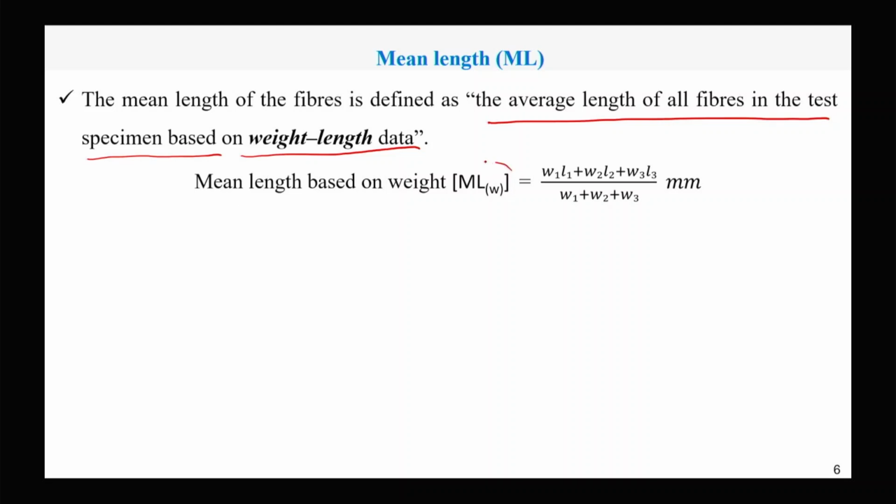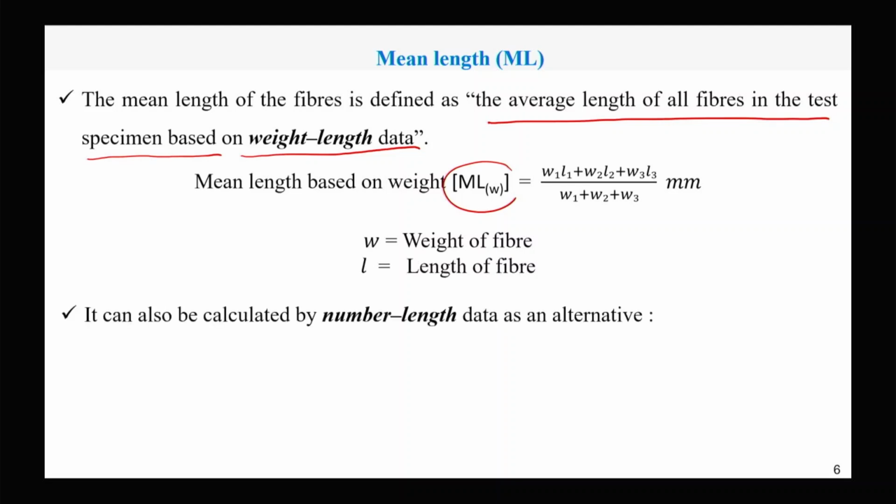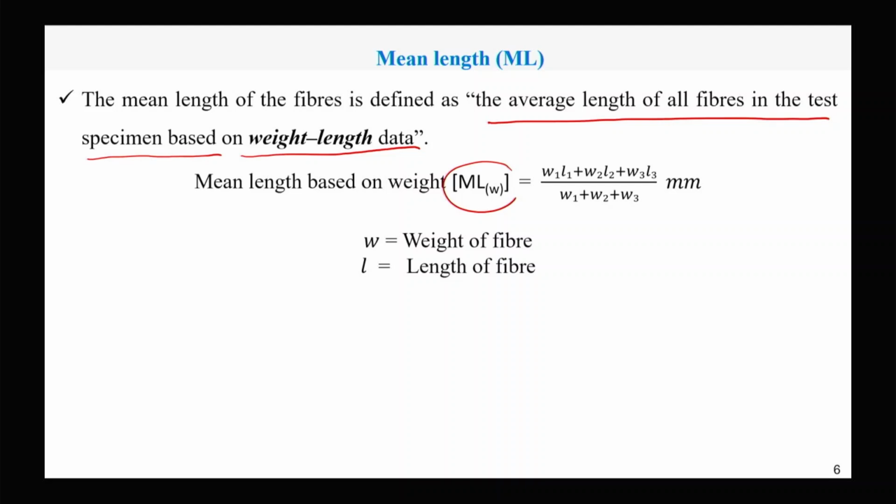So mean length based on weight length, this I will also discuss later. So in sorter diagram, say for cotton fiber, the fibers are distributed as per the length, okay, starting from longer length to shorter length.